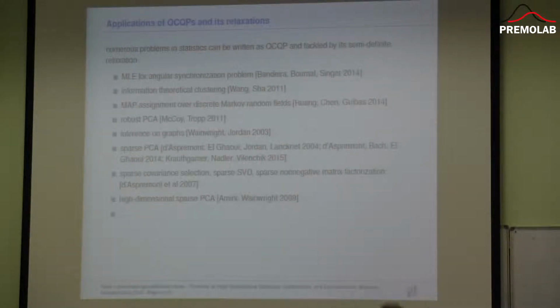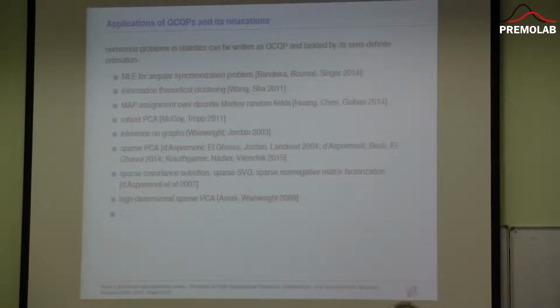And actually this class of problems is very large and has many applications, not only in statistics, but this is just a list. You can see that it's widely used. And also the relaxation, which consists in dropping the rank constraint, is actually the canonical way to approach this kind of problems.